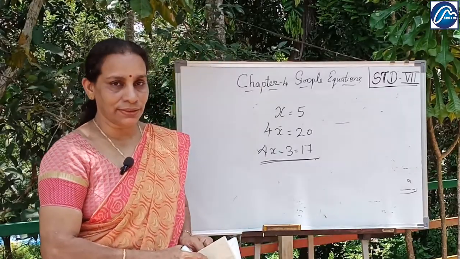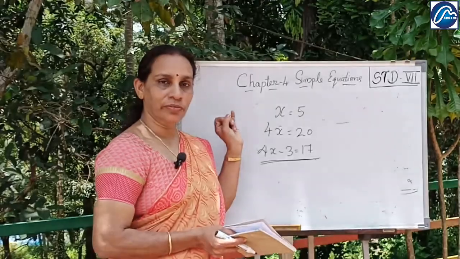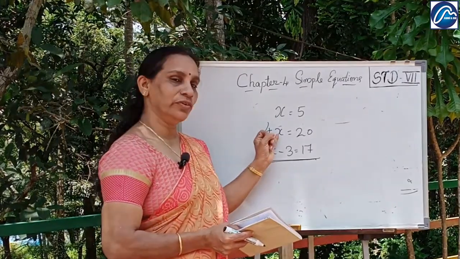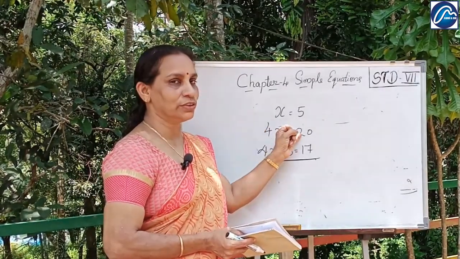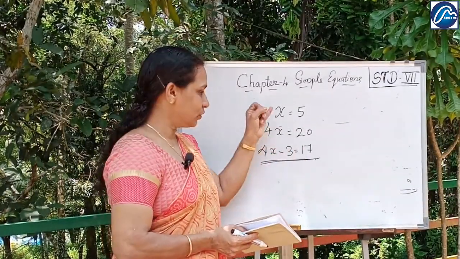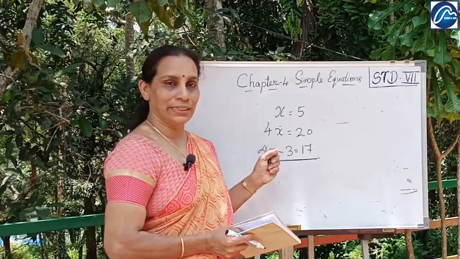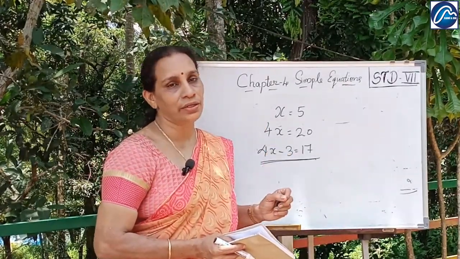For 4x minus 3 is equal to 17, here x is equal to 5. That you know, 4 into x, that means 4 into 5 is equal to 20. And 20 minus 3 is equal to 17. So we have made an equation. We have formed an equation.